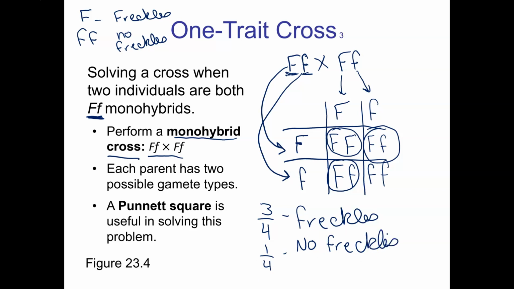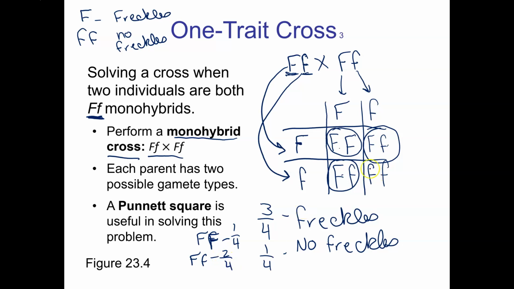We can also look at this and determine the probability of any specific genotype. So for the genotype, we have big F, and I'm sorry, that looked like a little f. We have 1/4 that are going to be big F, big F. We have 2/4 that will be big F, little f.